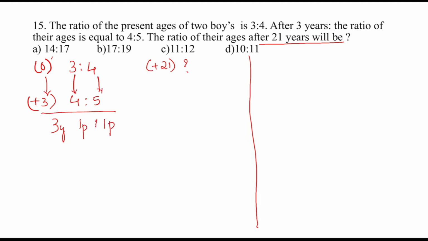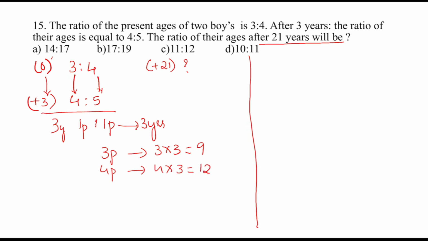So 1 part is 3 years. Then 3 parts will be 3 into 3, 9 years, and 4 parts is 4 into 3, which is 12 years. This is the present age.